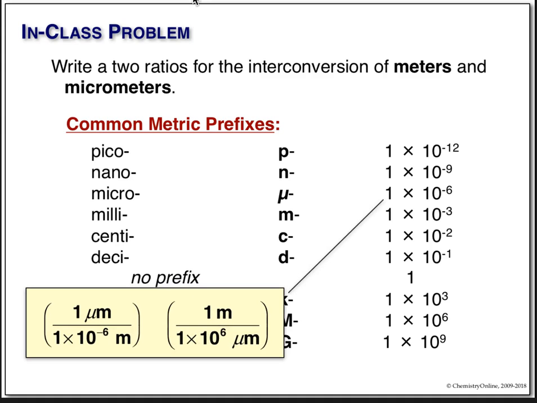And here's our ratio. 1 micrometer, micro, is the same as 10 to the minus 6 meters. And if we had 10 to the 6 of them, a million, we would have 1 meter. And of course, flip them upside down.